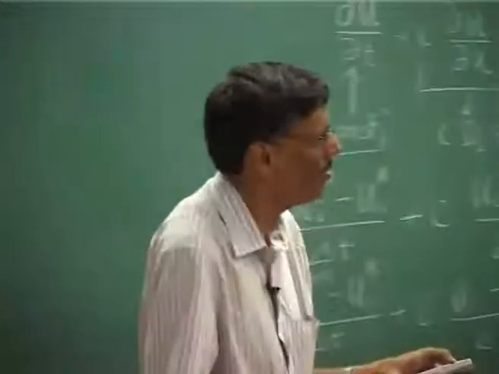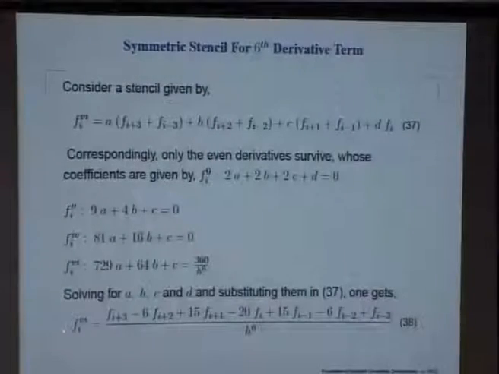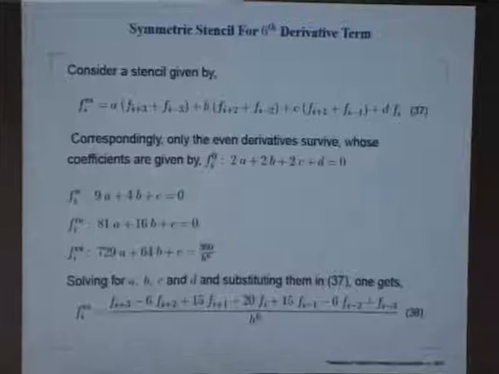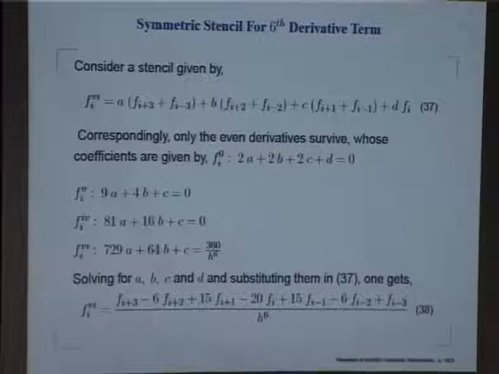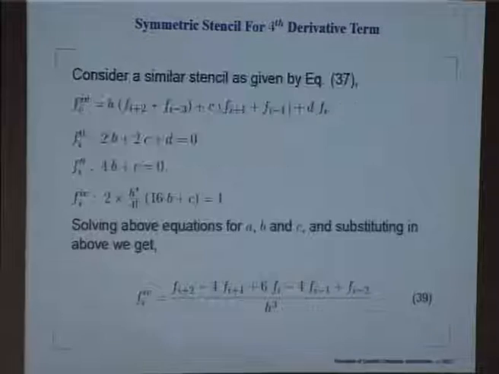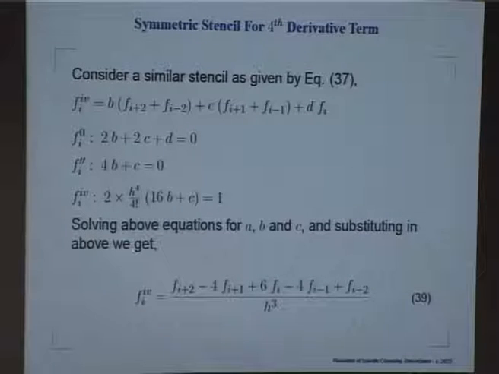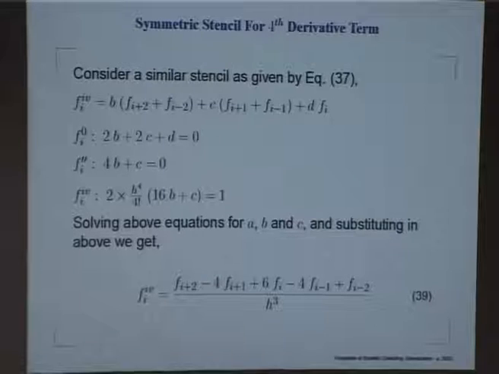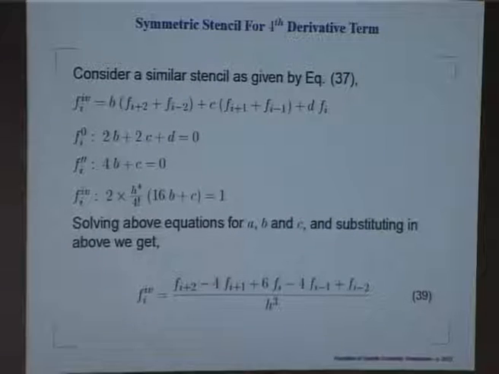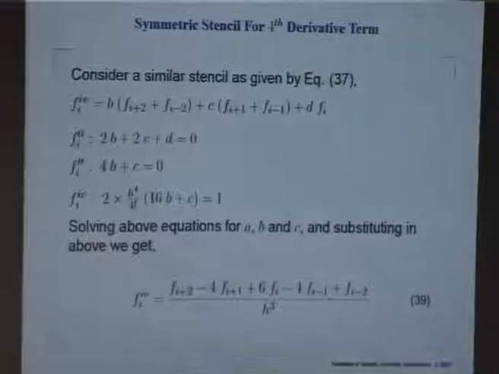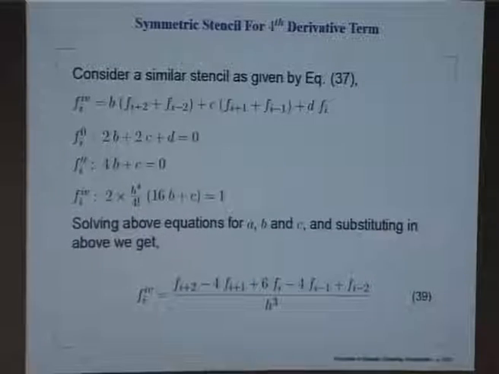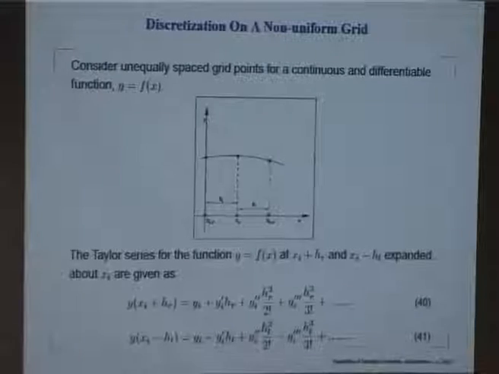So, here we have shown you how a 6th derivative term is obtained, so that we can construct a 5th order upwind scheme, or we can obtain a 4th derivative term, that would be this. So, to this if we blend that 4th order central differencing scheme, then we can generate the third order upwind scheme. Okay, so this is what we did.